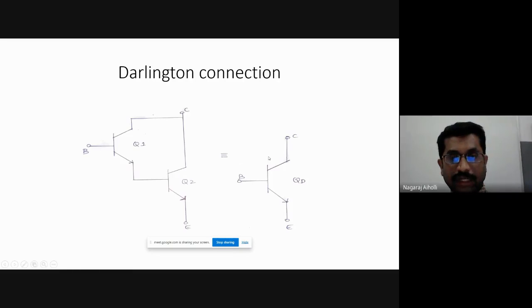The current gain of the Darlington connection, beta Darlington, is equal to beta 1 into beta 2, where beta 1 is the current gain of the first transistor and beta 2 is the current gain of the second transistor.